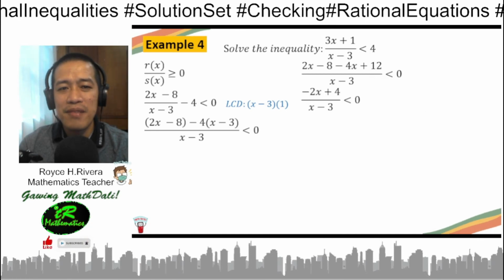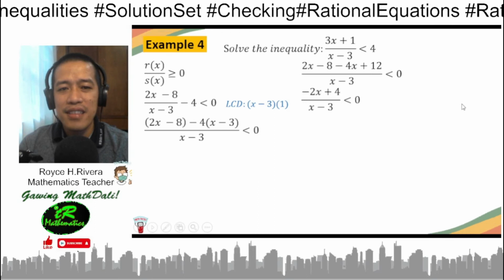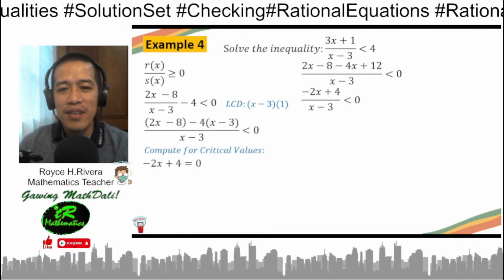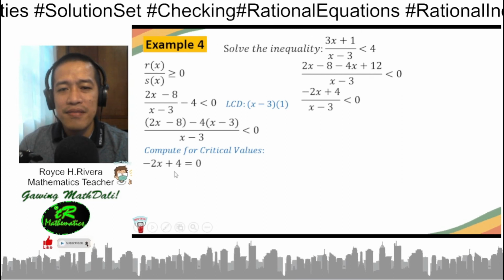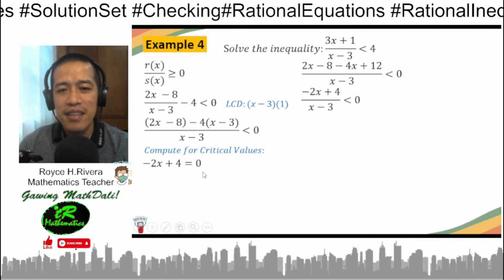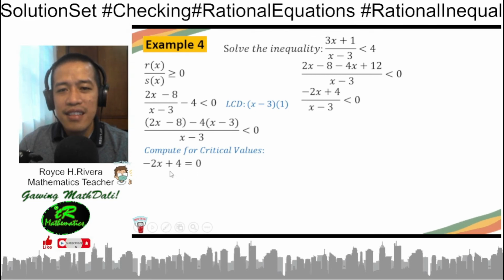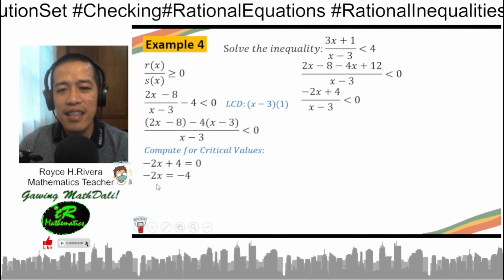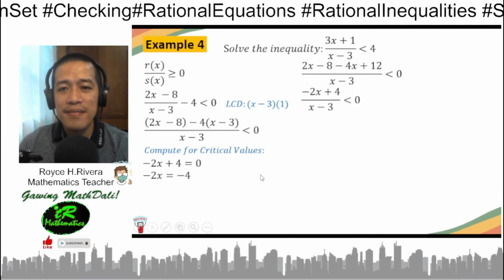Now we compute for the critical values or critical points. We equate the numerator to 0. Negative x plus 13 equals 0. Adding both sides by the additive inverse of 13, we will obtain negative x equals negative 13.